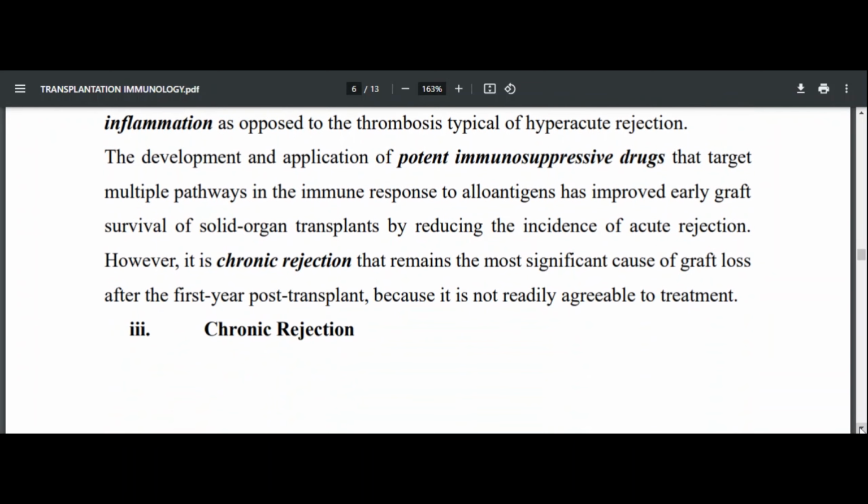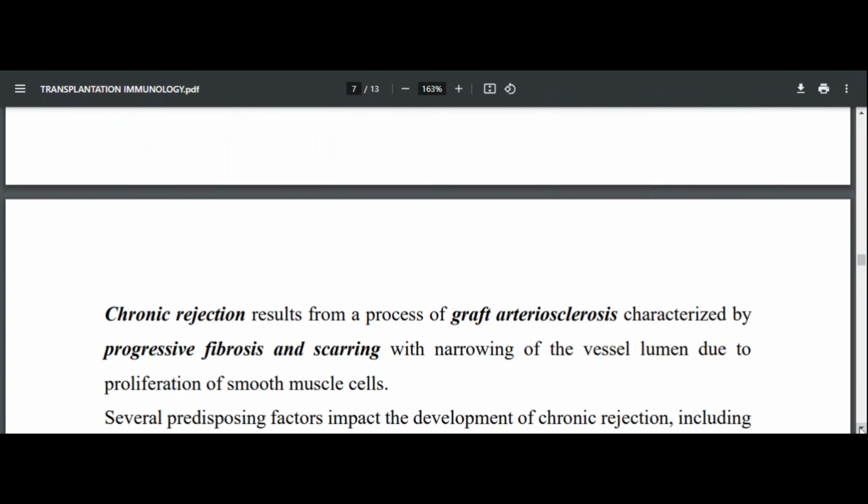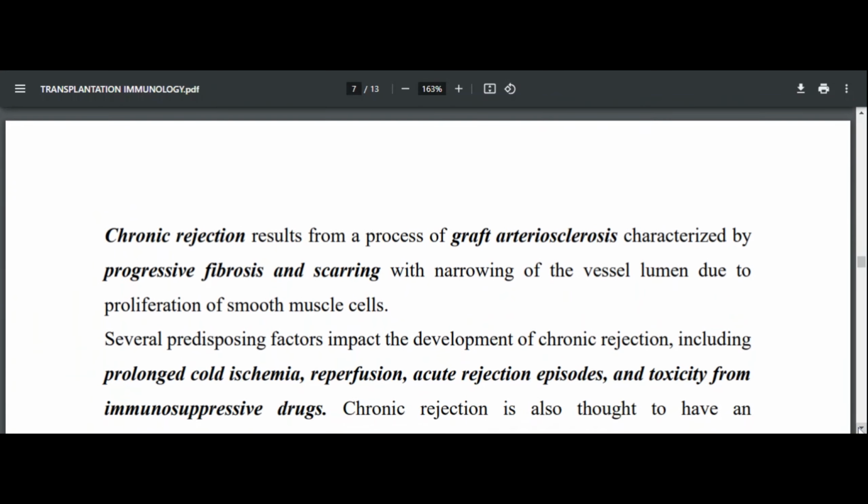Now, chronic rejection is another situation that happens. Chronic rejection results from a process of graft atherosclerosis, characterized by progressive fibrosis and scarring with narrowing of the blood vessel lumen due to the proliferation of smooth muscle cells.